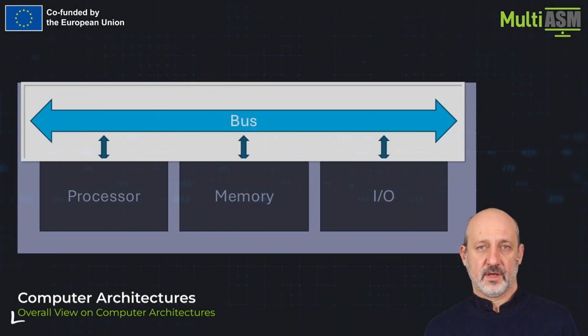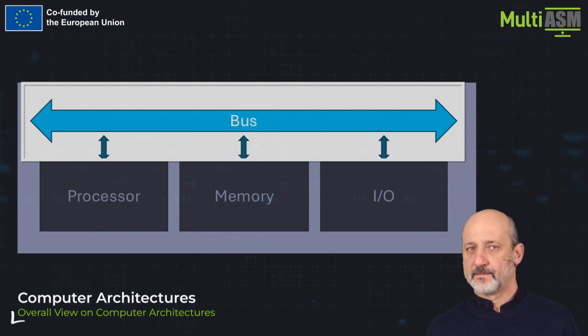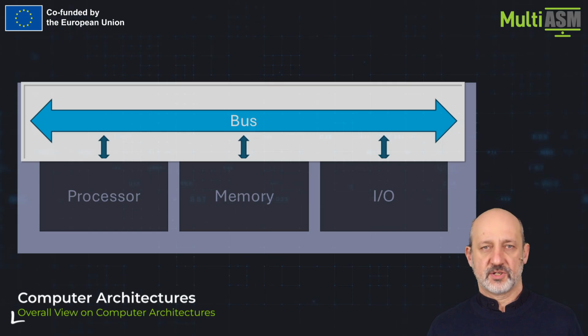The processor, memory, and peripherals exchange information using interconnections called buses. There are 3 such buses. The address bus delivers the address generated by the processor to memory or peripherals. The address selects a single memory cell or peripheral register that the processor wants to access.